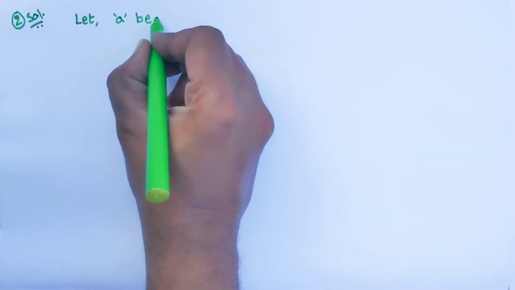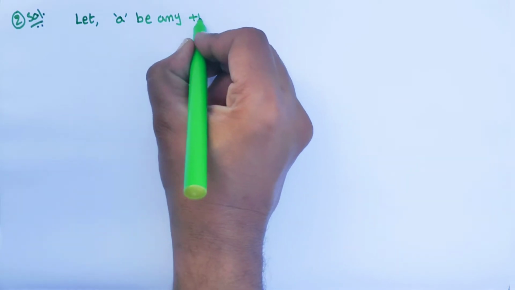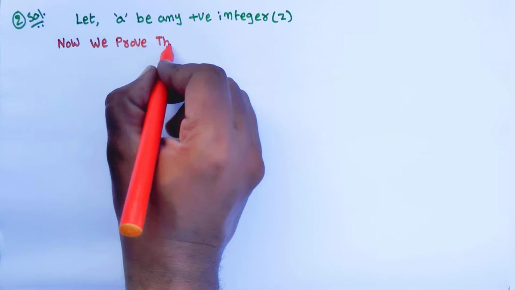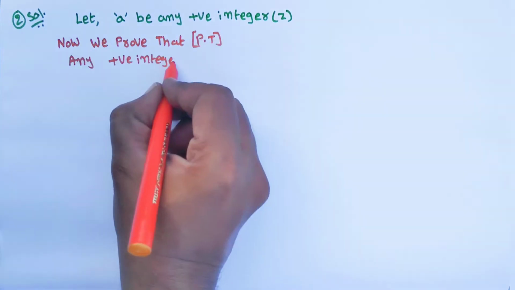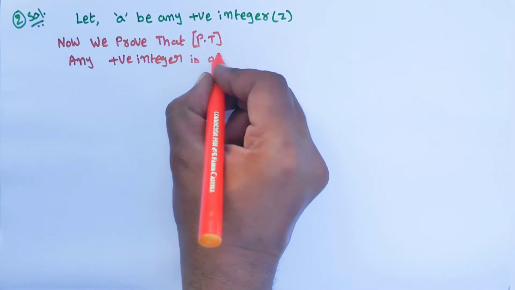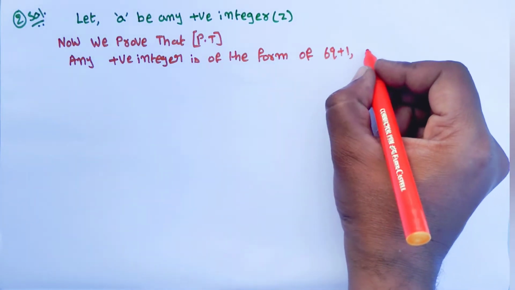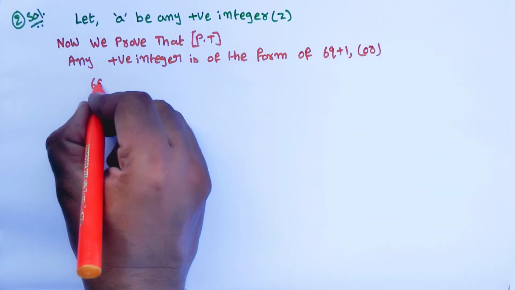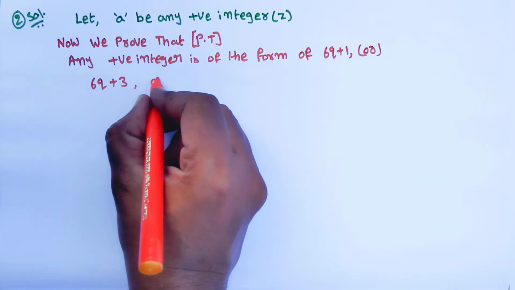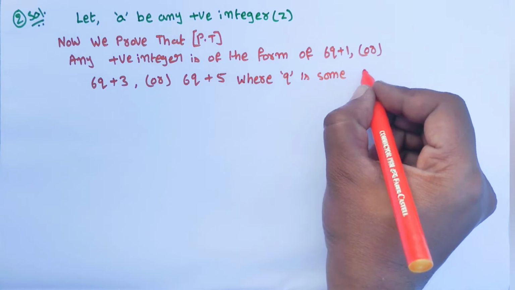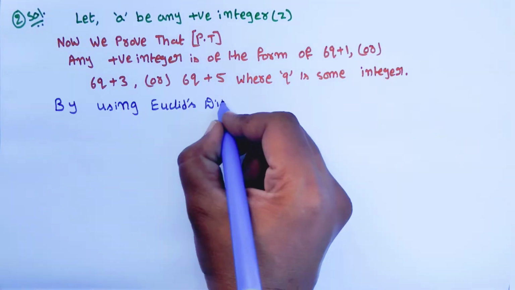Now observe, let a be any positive integer. Now we prove that any positive integer is of the form 6q plus 1 or 6q plus 3 or 6q plus 5, where q is some integer.